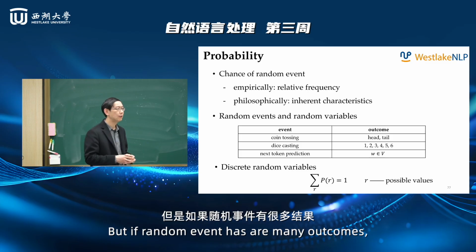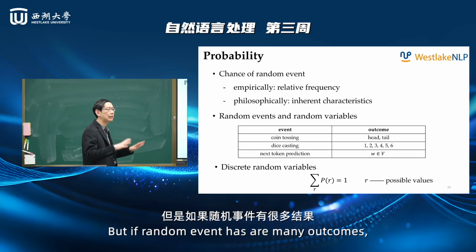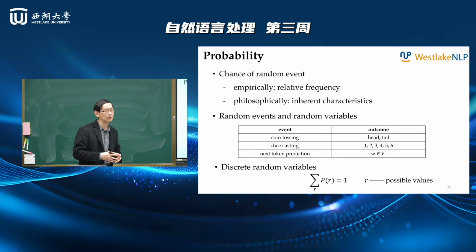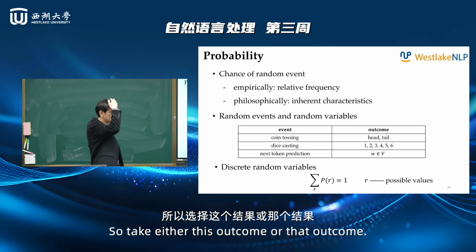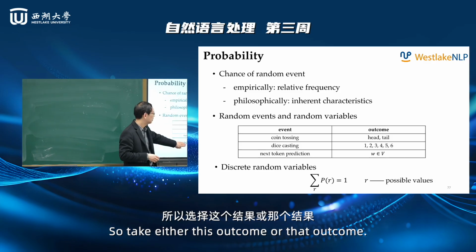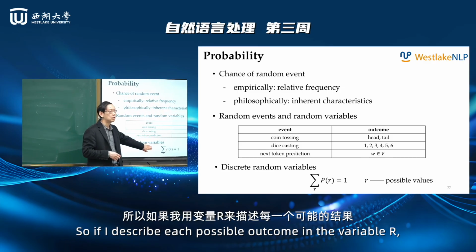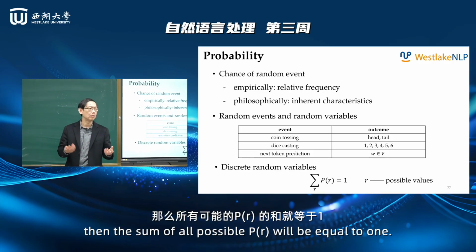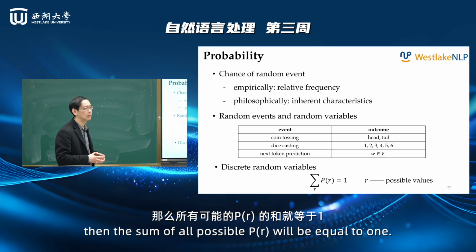If a random event has many outcomes, the probabilities of all outcomes will sum up to 1. So if I describe each possible outcome with the value r, then the sum of P(r) over all possible r will be equal to 1.